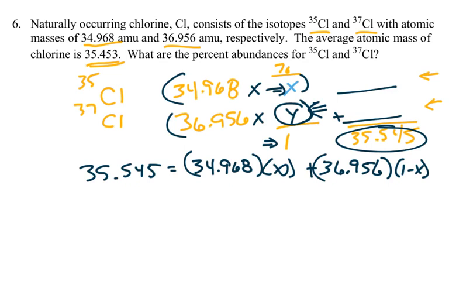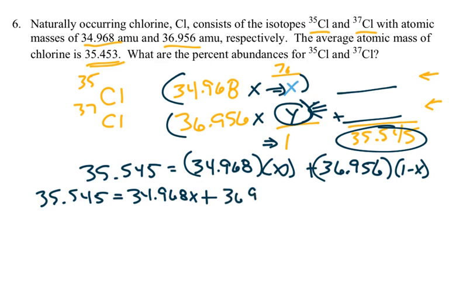Now we just multiply it out. 35.545 equals 34.968X plus, now multiply this one out, 36.956 minus 36.956X.